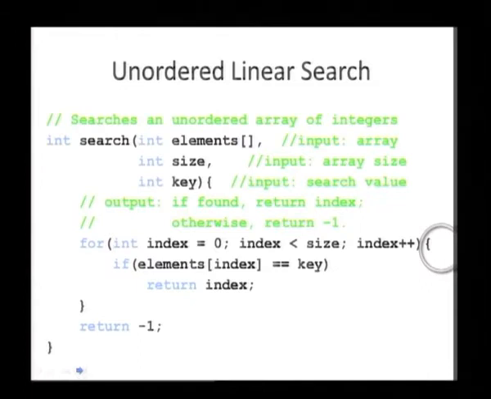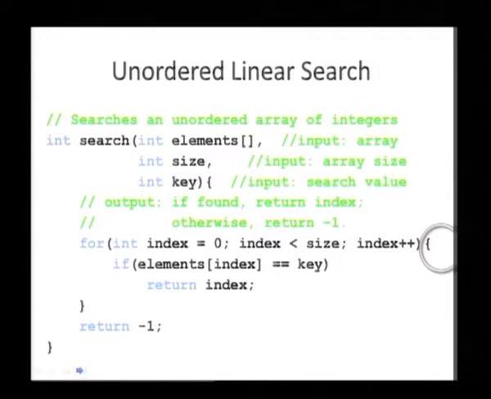So this is a snapshot of a C program which is included in the slide to understand the complexity or the amount of time that is spent in executing this particular algorithm, which is unordered linear search.